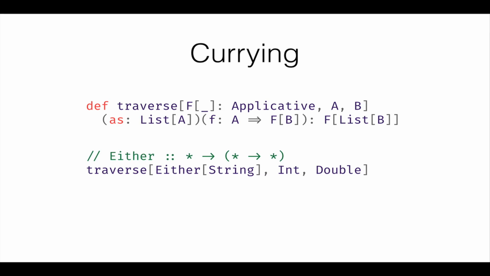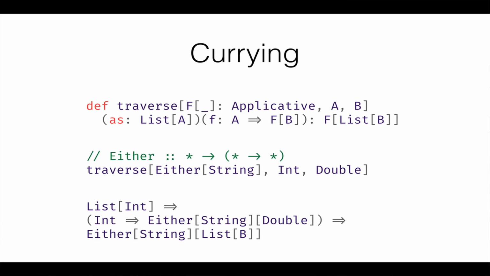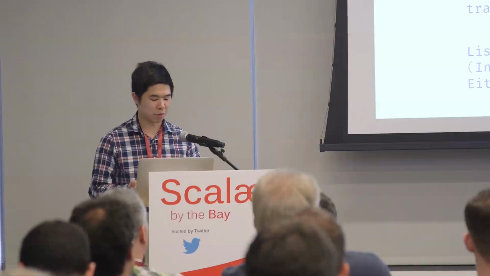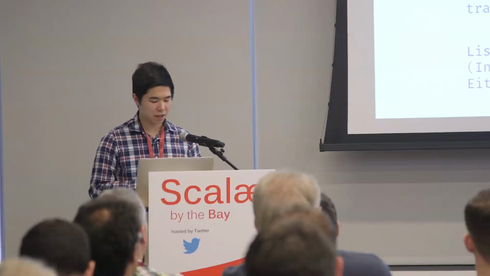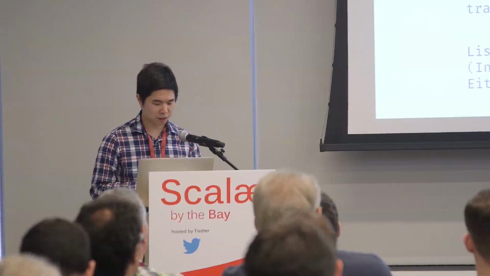Either is a type constructor that takes a type and produces a unary type constructor as a result. So the compiler should infer a traverse of Either String, which gives another type constructor, and then the remaining types are Int and Double. That basically specializes traverse into a List of Int into Either String Double, and then Either String List of B, or I guess List of Double, which it should be.